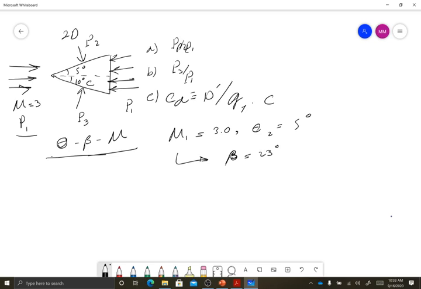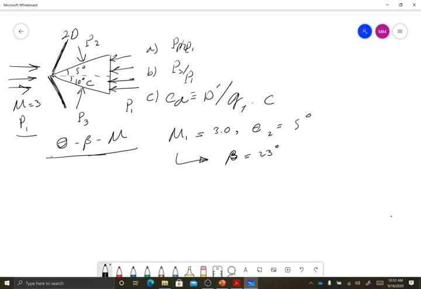Something I forgot to mention before that: the reason we can use this theta beta M relationship is because we are assuming that we will have oblique shock wave formation on this, right? Otherwise, if we didn't have the shock formation, then the theta beta M relationship would have been meaningless, right?